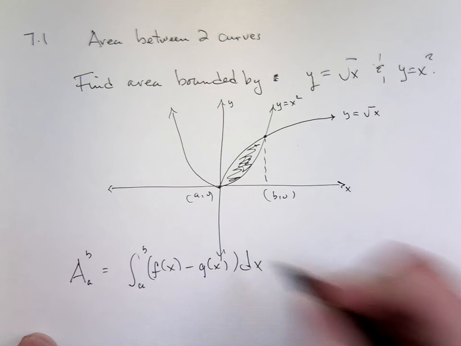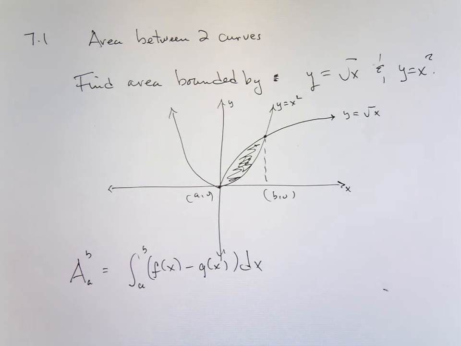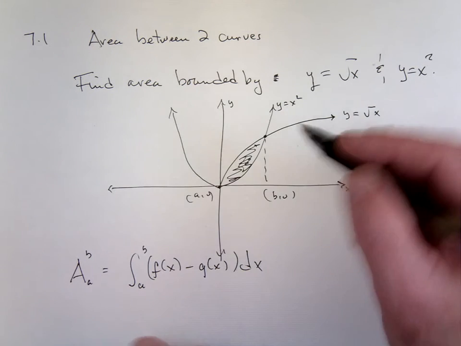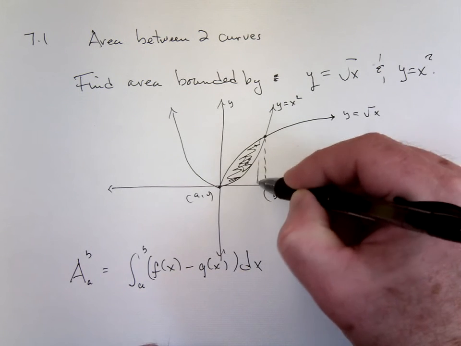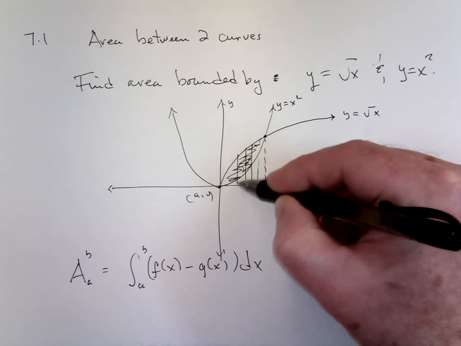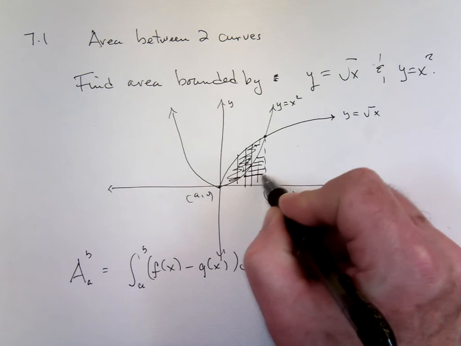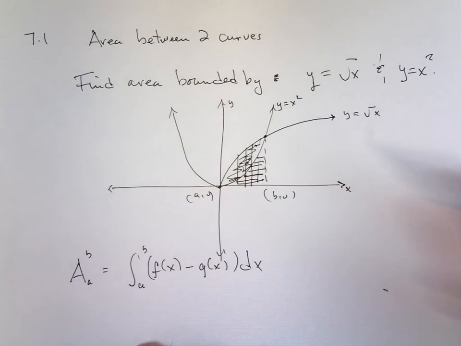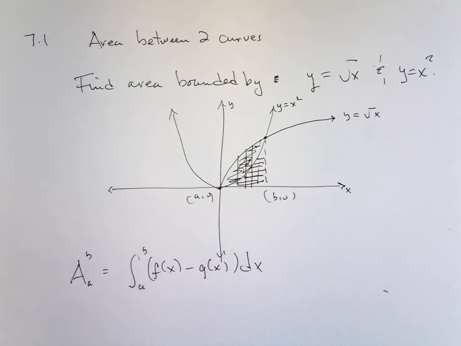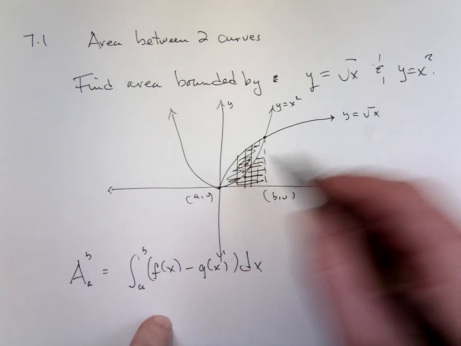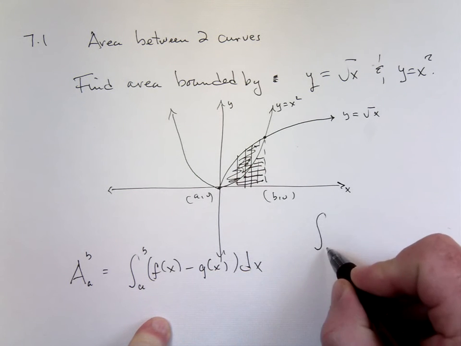It's the difference in the two functions. Why? Because if you take the area underneath the top one and subtract from it the area underneath the bottom one, the difference is the area between the two.